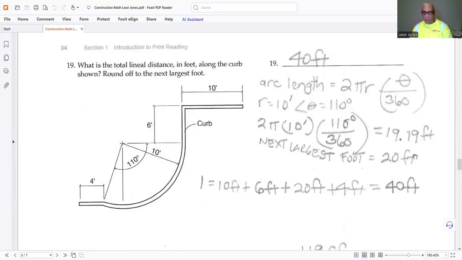This is how I came up with the 19.19 feet, which you have to, again, round up to the next foot. So you have 20 feet. So you put everything together, 10 feet, 6 feet. Then you have this area, now it's complete, that's 20 feet plus 4 feet, and that is 40 feet.